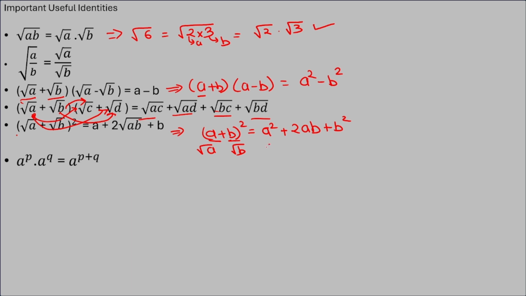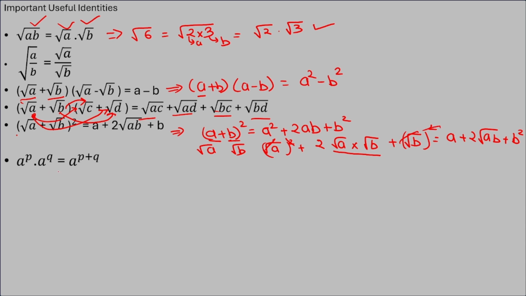So the final answer will be a plus 2 under root ab plus b. Just remember this thing, square and square root will cancel each other, right? And we know under root a into b equals under root ab, right? And under root b square, square root cancel each other.